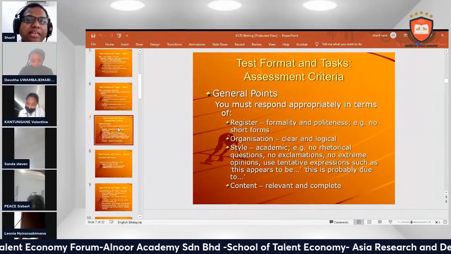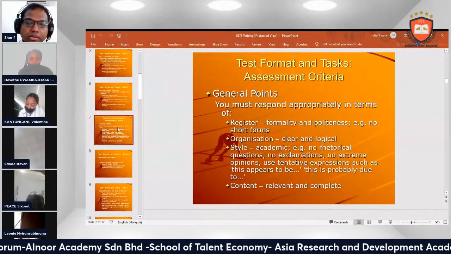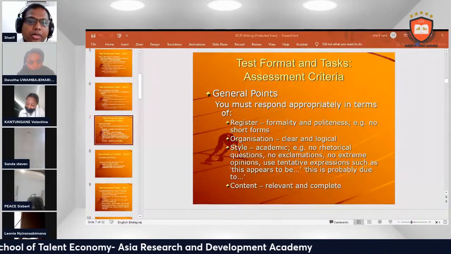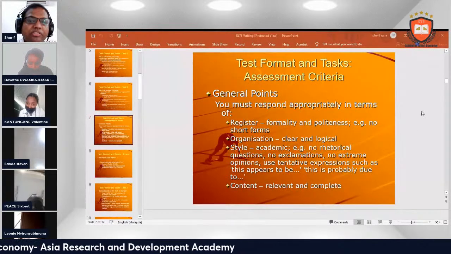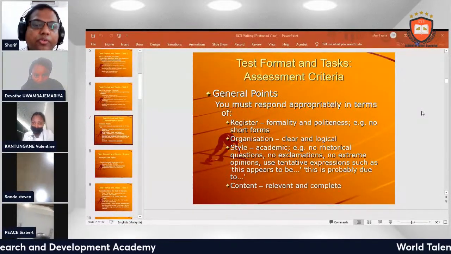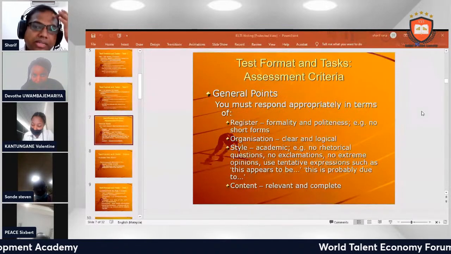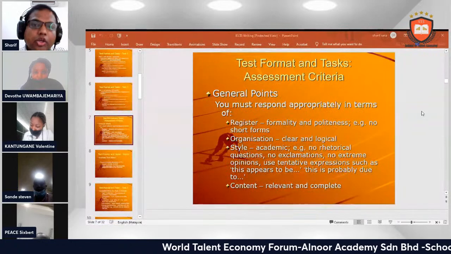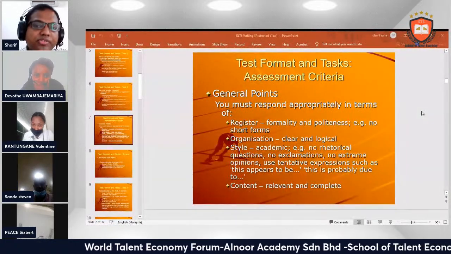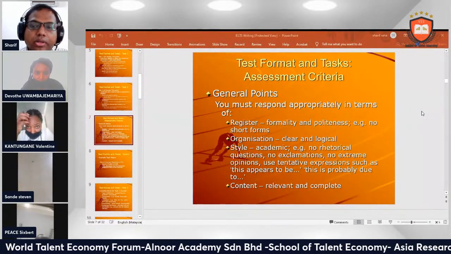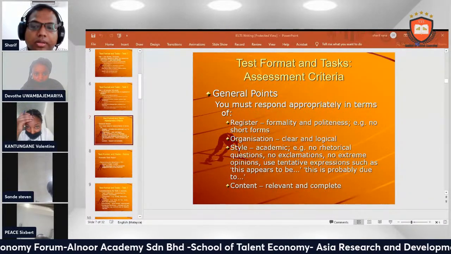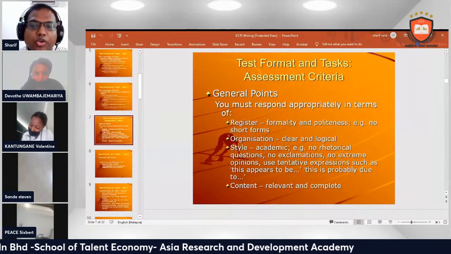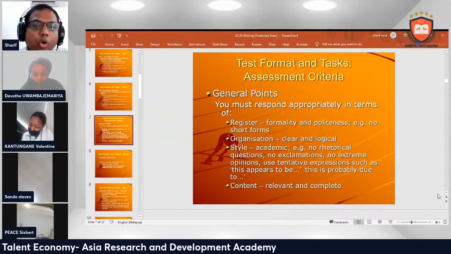Test format and task, assessment criteria. You must respond appropriately in terms of register, formality, and politeness, with no short forms. Organisation should be clear and logical. Style should be academic, with no extreme opinion.